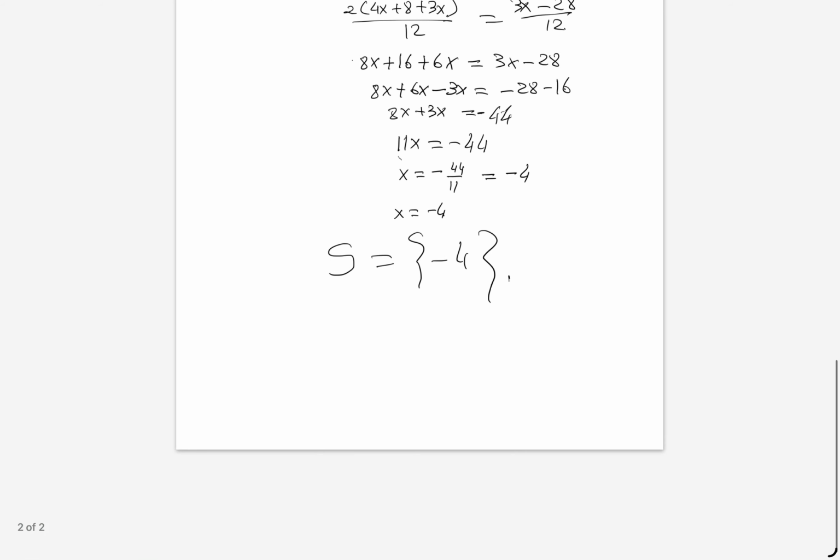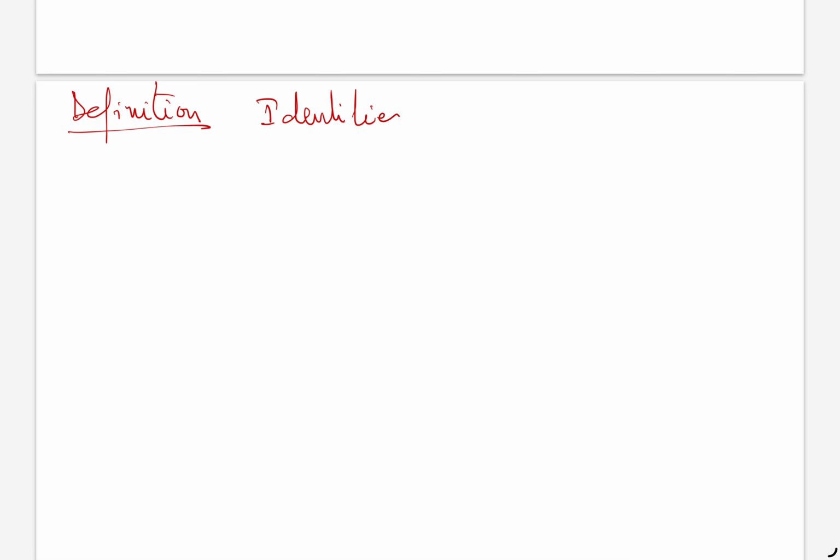So now let me define something for you. The three terms: the definition of an identity, a conditional equation, and the last one is the contradiction.